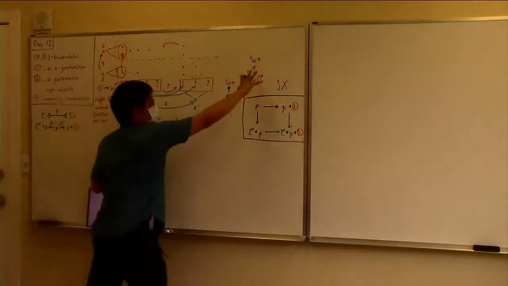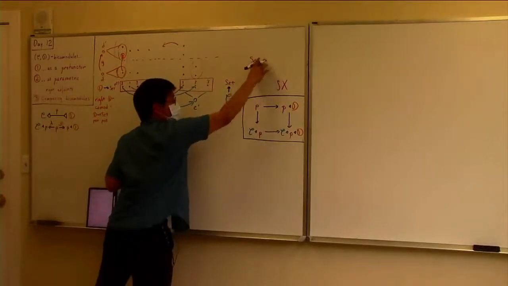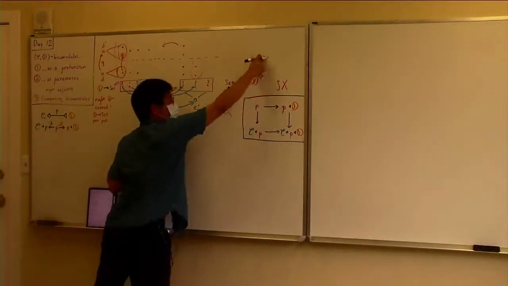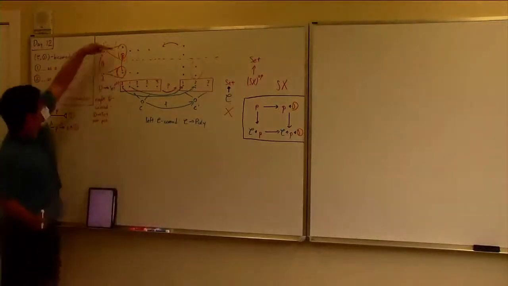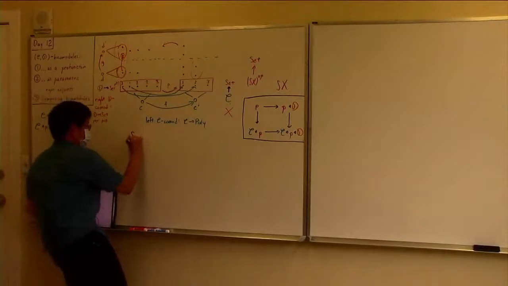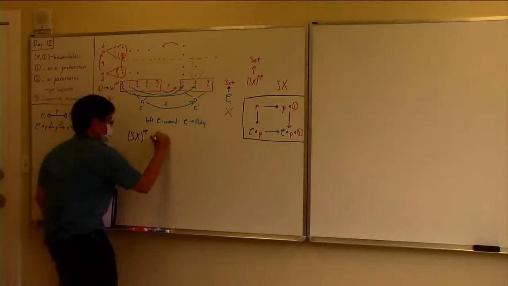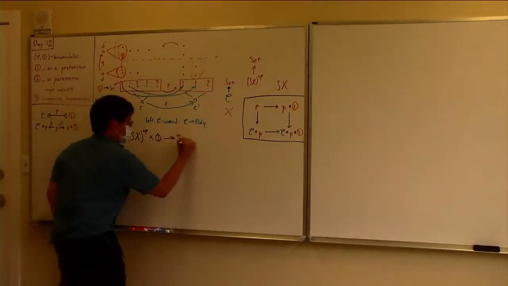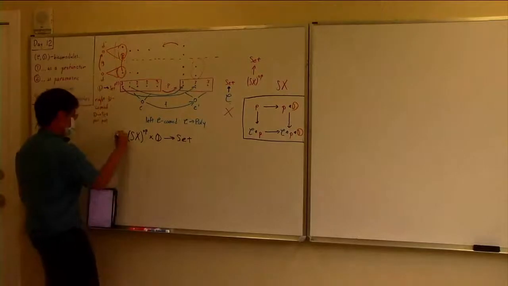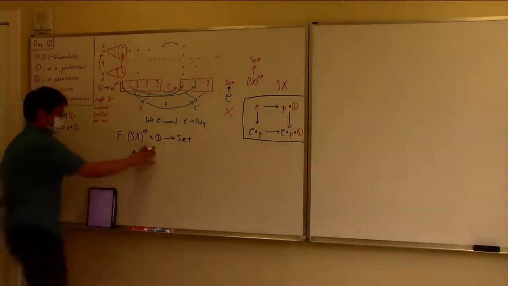If we combine this functor from the category of elements of X up to set with this thing here, and since we know it's compatible, we end up with a functor from category of elements of X up times D to set. I'm going to call this F. And this is a functor, but it's a special kind of functor called a pro-functor.